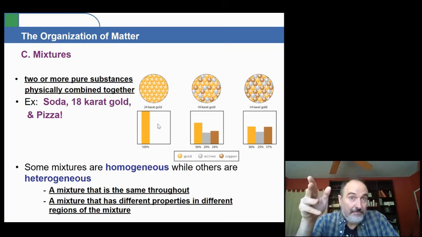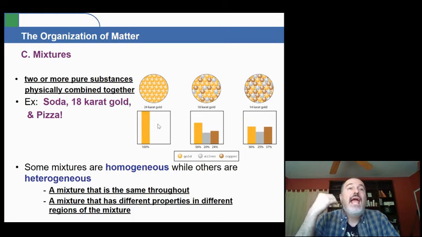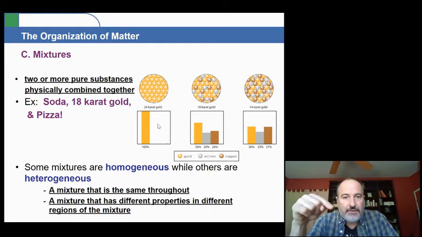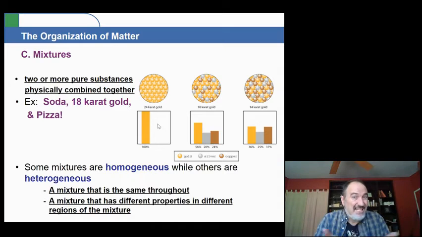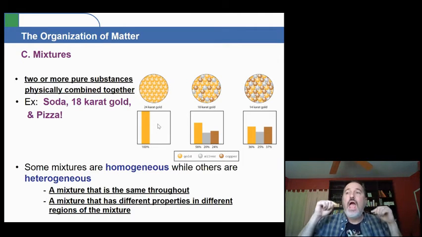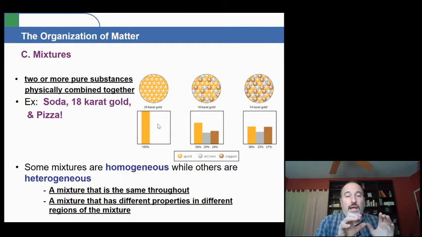For example, pizza is a good example of a heterogeneous mixture. I mean, you look at a pizza, you can see the different parts. You got crust, you got sauce, you got cheese, you got pepperoni or mushrooms or whatever you put on your pizza, and those are different.